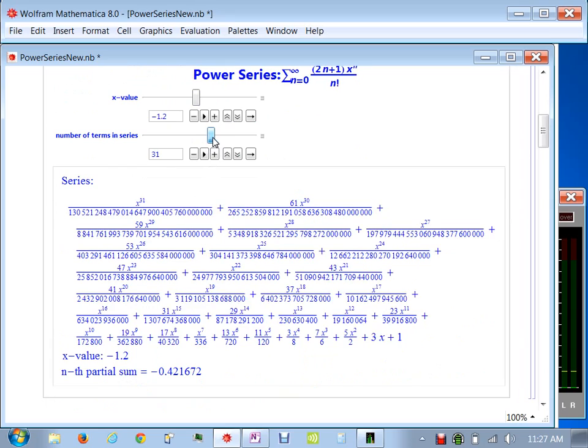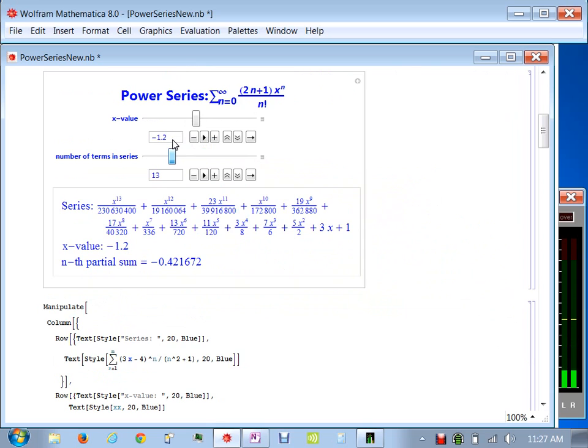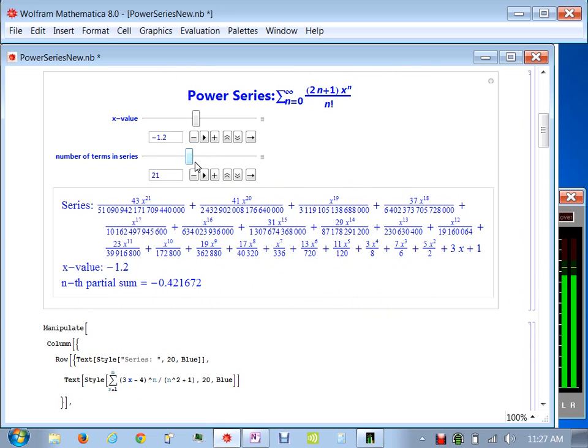See my convergence there? Okay. So our theoretical result from the ratio test says no matter what x we pick, we should get convergence. All right? Now let's compare that to our next example.